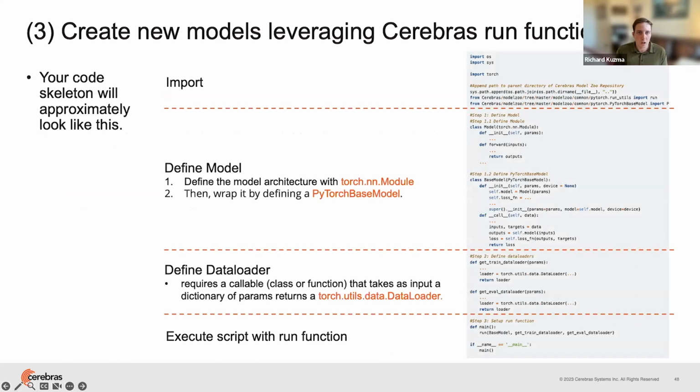You'll define your model, define your data loader, just like you would in PyTorch, just like you would on a CPU, on a GPU. This is not anything Cerebras specific. You can break it down step by step, build out that training loop calling run.py. Nothing should feel inherently so different than what you would do with PyTorch.